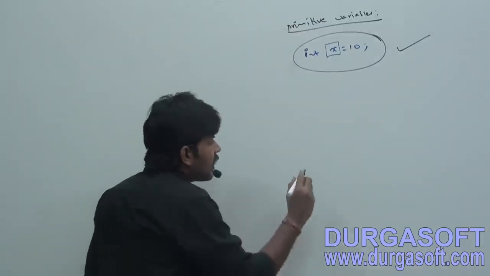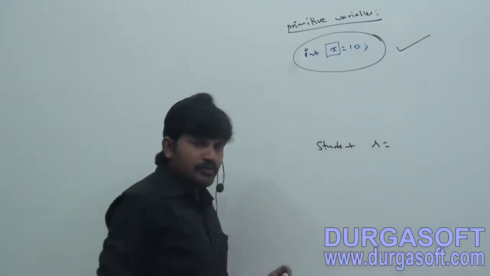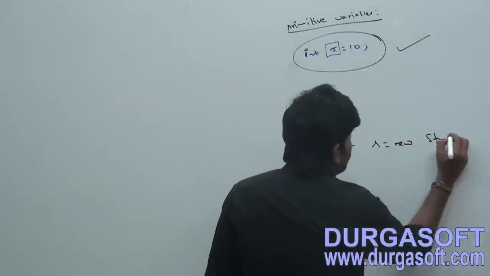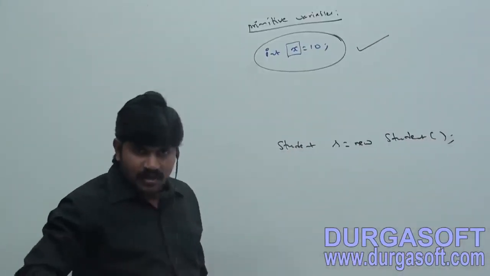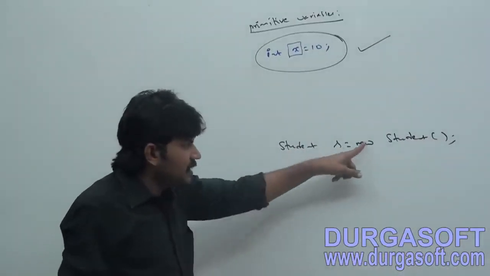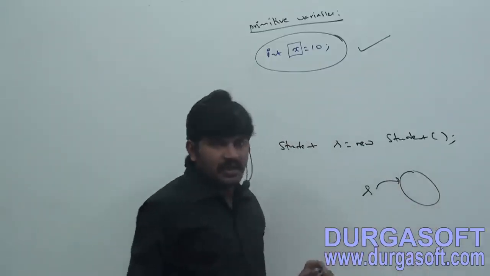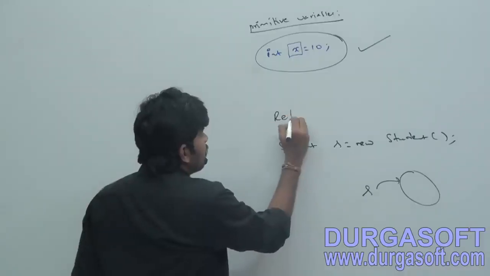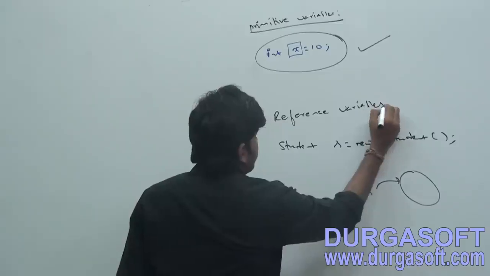Now sometimes I can use a variable to represent a reference value, to refer to an object. Student S is equal to new Student, S is pointing to the object. Such variables are by default considered reference variables, right?